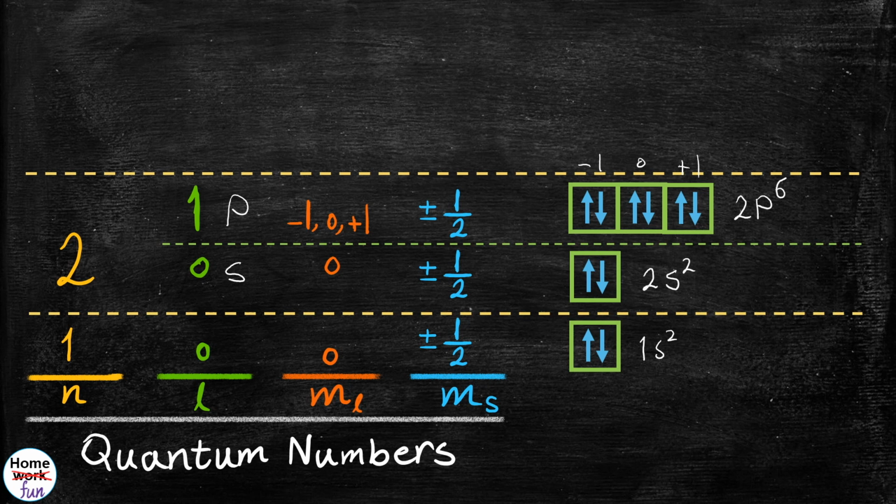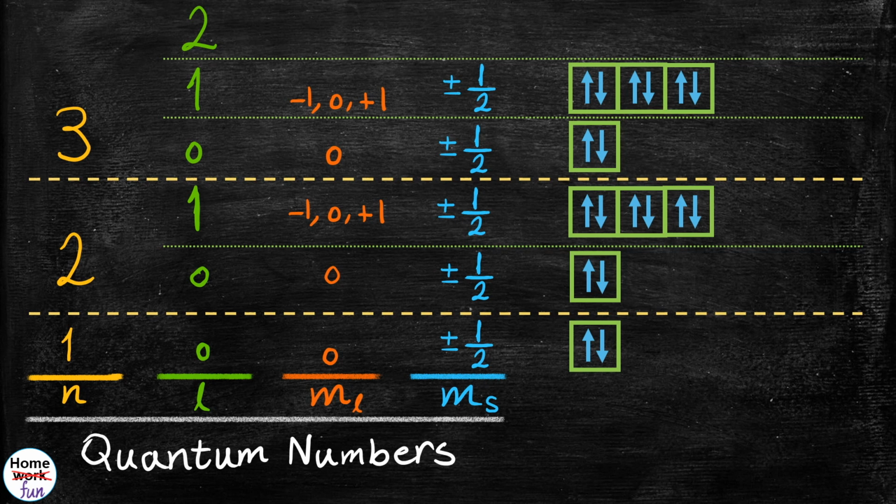So moving on to the third level. So in the third level, you have sublevel 0, as you've seen before, 3s2. You have sublevel 1, or P. So 0 is S, 1 is P. So that's 3p6.